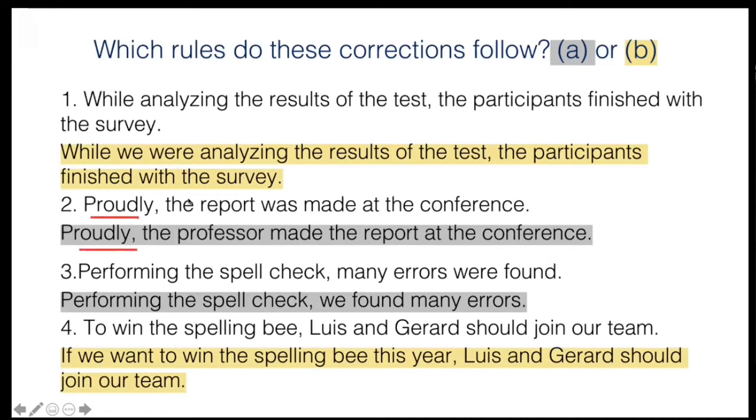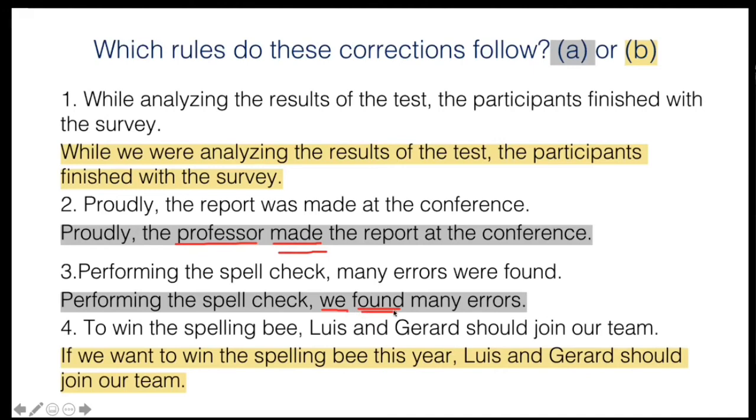But what we do, we add a subject, professor, and then it goes together with the verb. Professor made the report. Subject wasn't there, so we add it. Now the sentence looks okay. The same with number 3. Performing the spell check, modifier is the same. What do we add? We add subject, we. We did what? We found.